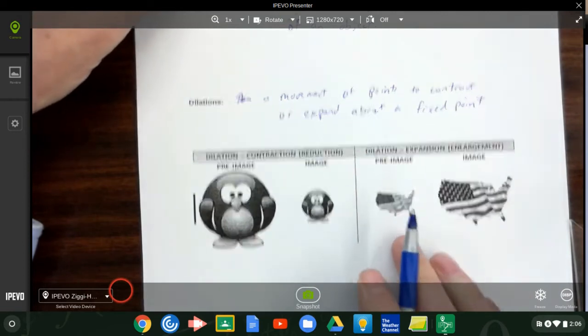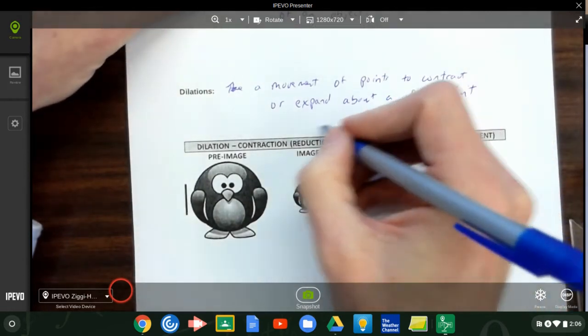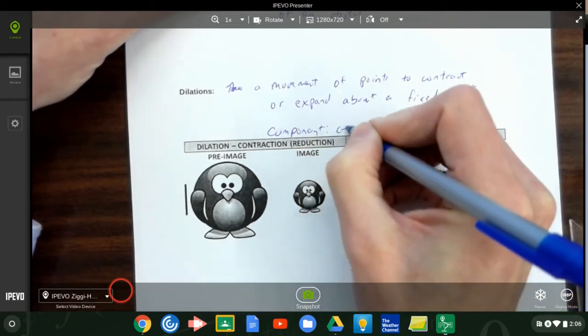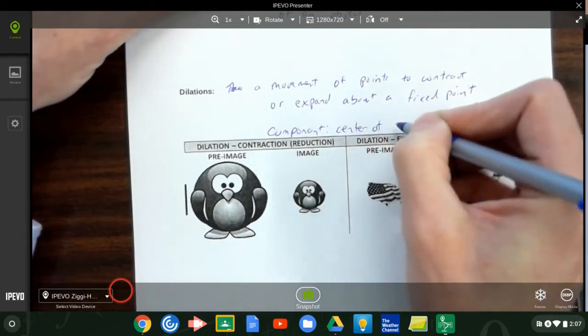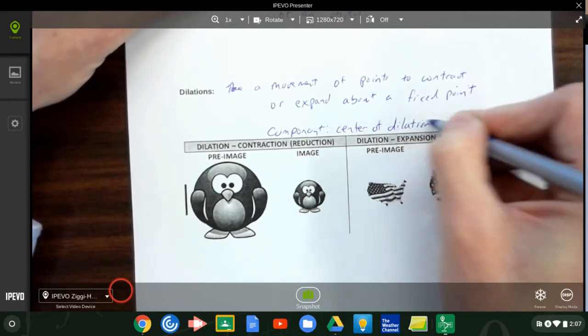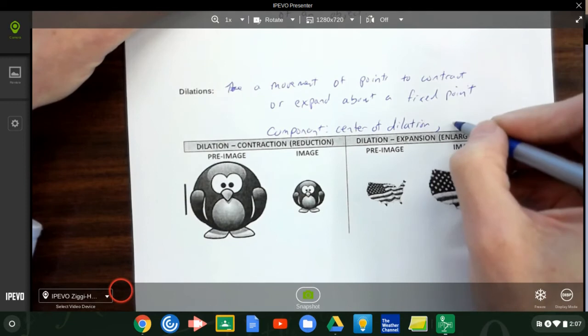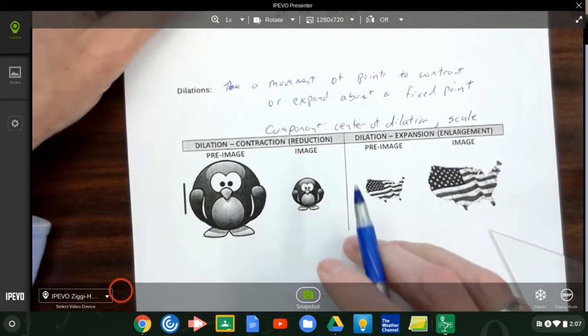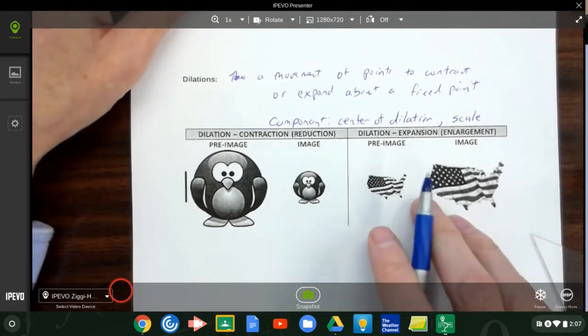Okay, so with the dilation, we need our components. We need a center of dilation, one point that stays, and we need a scale. How big or small do I make this dilation? And that's all we really need for dilations.